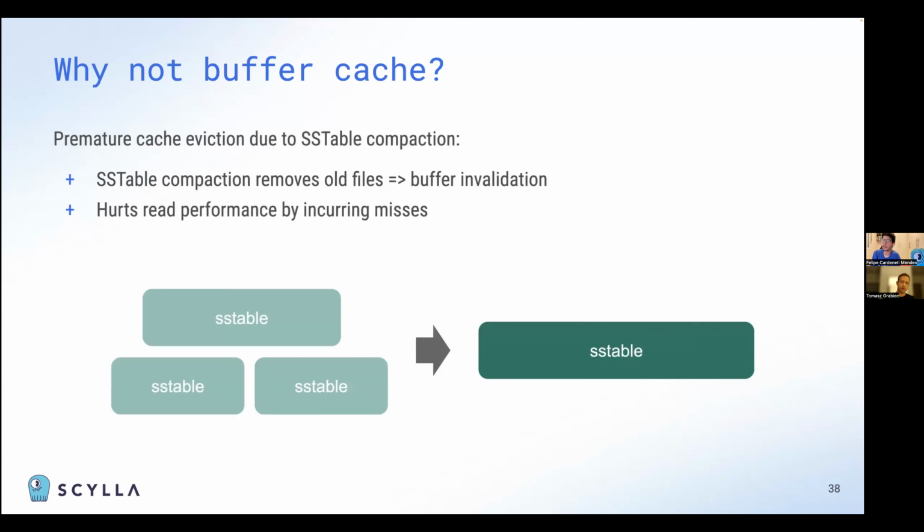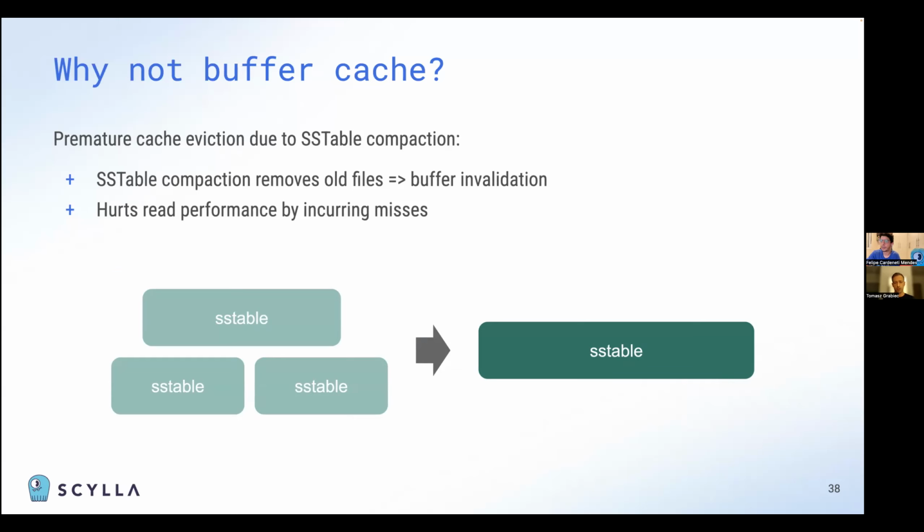Another problem with this approach is that you can get premature cache eviction due to a process which is called SSTable compaction, which is something inherent to log structured merge tree. SSTables are immutable things. So after a while, we want to merge them into one bigger SSTable. And that's done by the process which is called compaction.